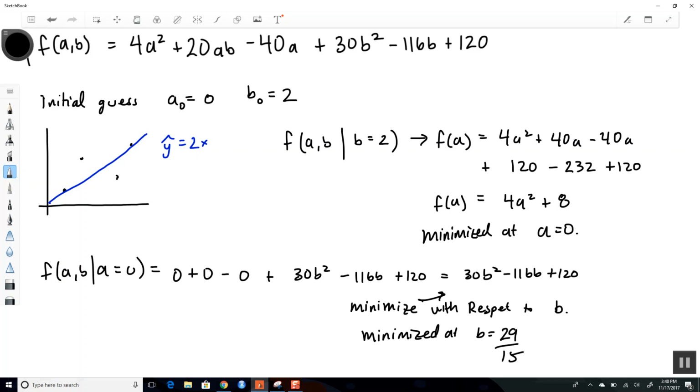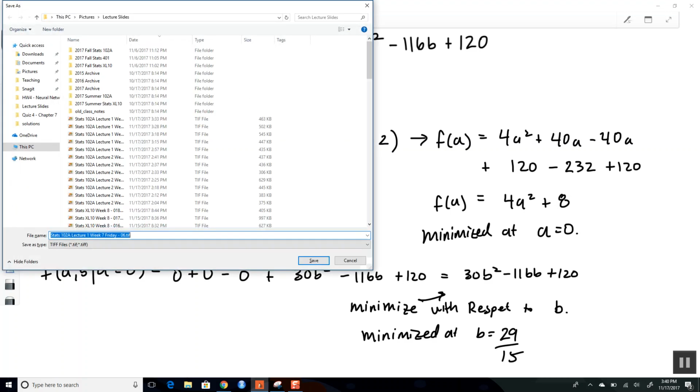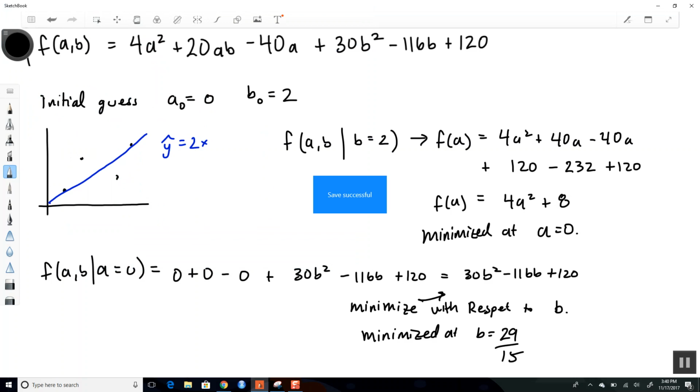All right, so now I have a new value of b. We plug that back into our original function, and then we get a function of a, minimize it with respect to a, get a new value of a, plug that into the function, get a function of b, minimize there, go back and forth, and you just iterate back and forth, and eventually it will converge to the minimum.